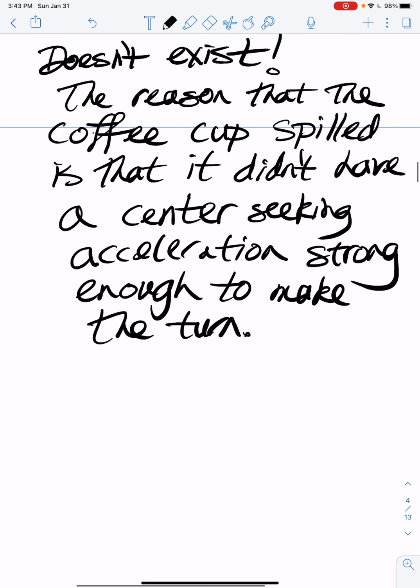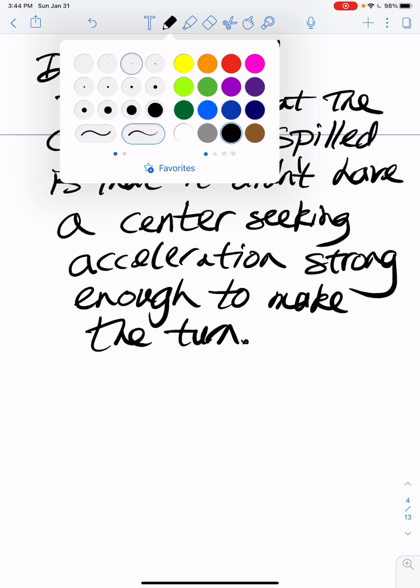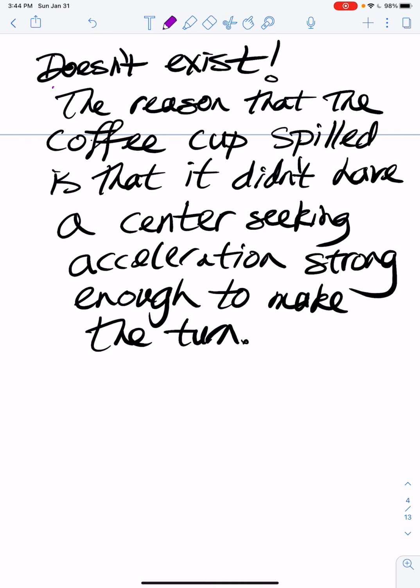So let's clean this up a little bit. We're saying once again that centrifugal acceleration doesn't exist. The reason the coffee cup spilled is that it didn't have a center-seeking acceleration strong enough to make the turn. So we're saying it didn't have enough force directed into the center to make this turn.